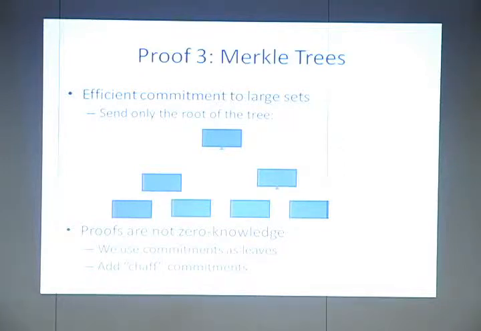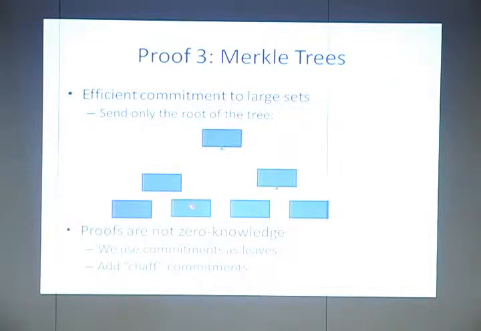The way this works is this looks like a tree where each node of the tree is a commitment. The leaves are the actual URLs, and the internal nodes are each commitments to the children. So if I want to show that I knew a URL, all I have to send is the root of the tree. This is a single commitment. Then to prove that something was in the tree, I show you this path in the tree.